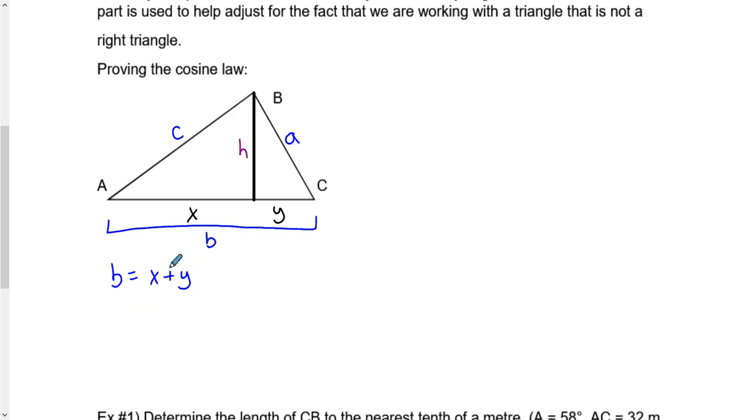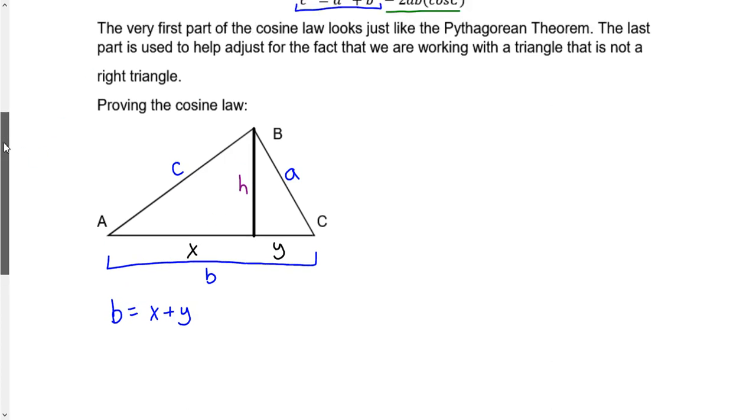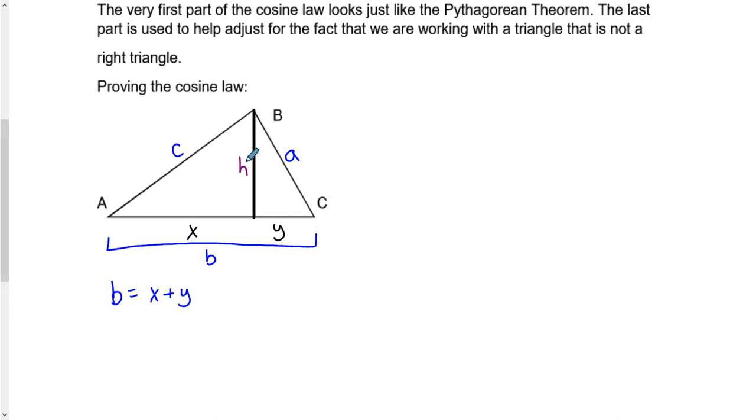Then we'll do some manipulation of this and do some more work here. So the beautiful thing is, by drawing that line straight down, we have made two right triangles, which means we have two Pythagorean theorems to work with.